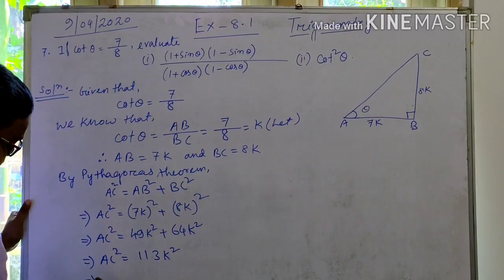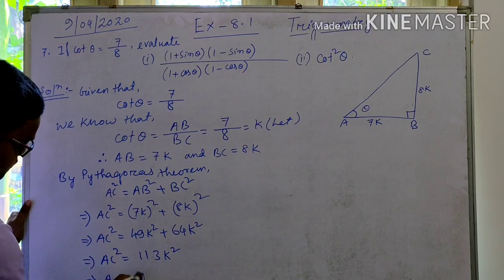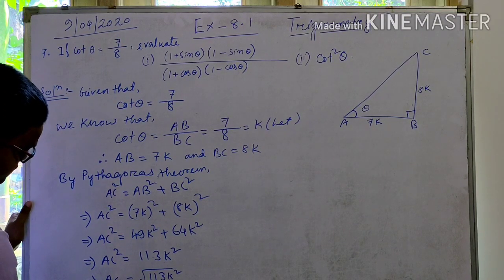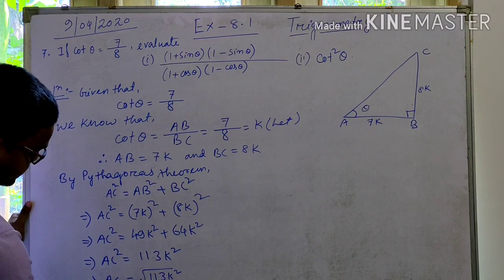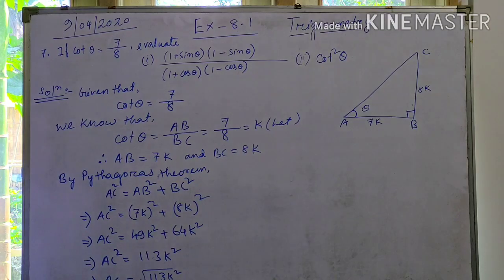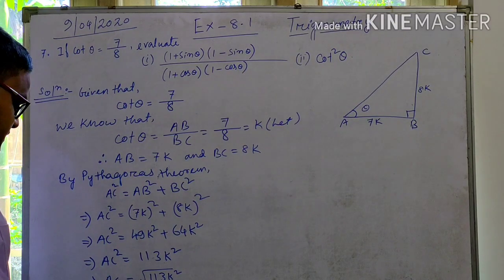So finally you will get AC equal to root over 113 K square, and AC is equal to root over 113 K, because we cannot get the square root of 113. Clear?